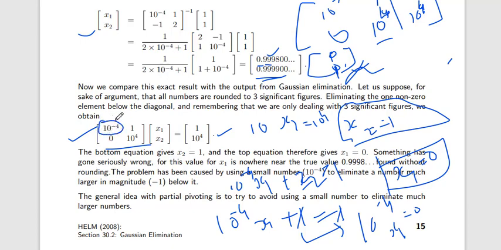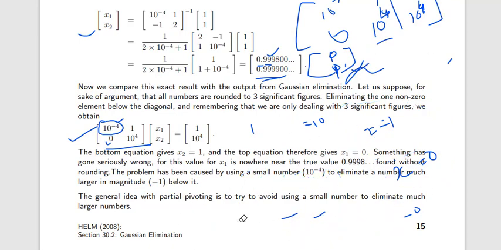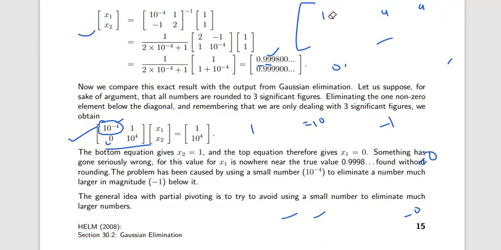Here 10 raised to minus 4 is the smallest number compared to 0. Okay, so in Gaussian elimination we take the first column, and what is the comparison between 0 and minus 10 raised to minus 4? Okay, 0 is much greater than 10 raised to minus 4.